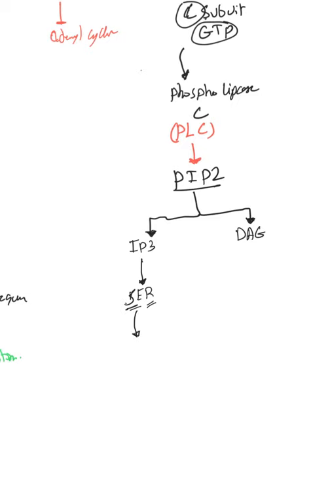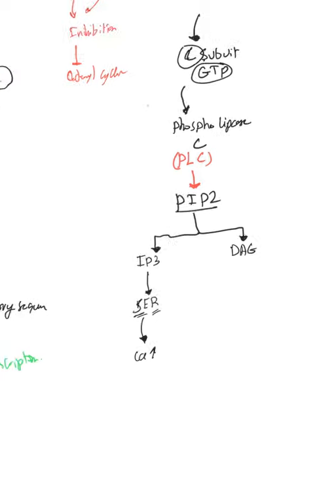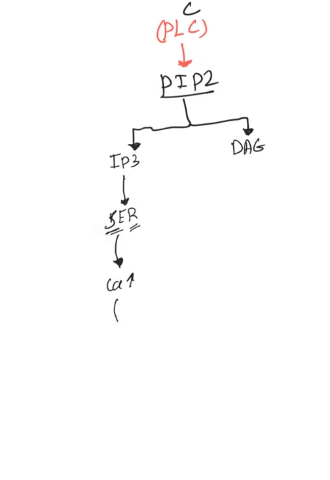So this would lead to the opening of the calcium channels, and calcium will efflux from the endoplasmic reticulum and go to the cytoplasm, changing the cascade. And as we know, calcium is a second messenger, and it will keep enhancing other cascades until it alters the transcription or the gene expression.